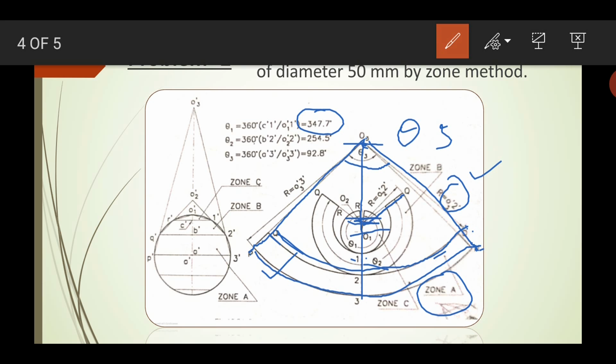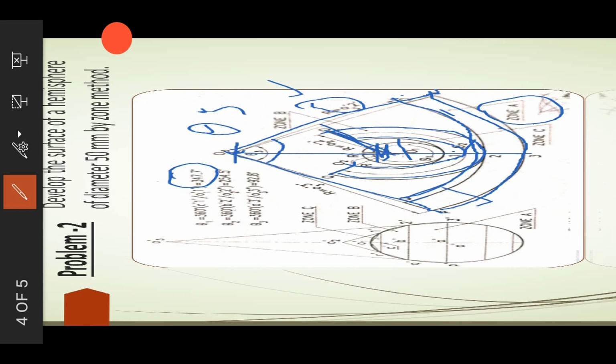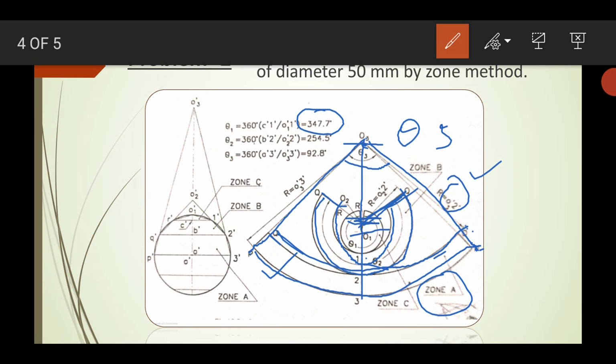So this is the angle, and you project it in a similar manner. First this one, and then the inside angle will be like this, and you close it, you will get the second zone. Similarly the third zone also. It is just like this.